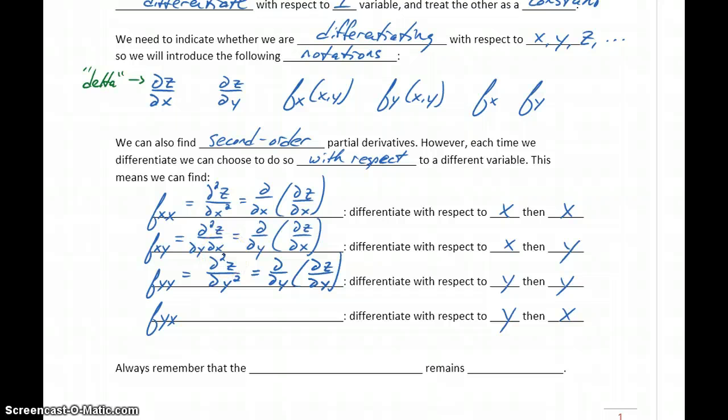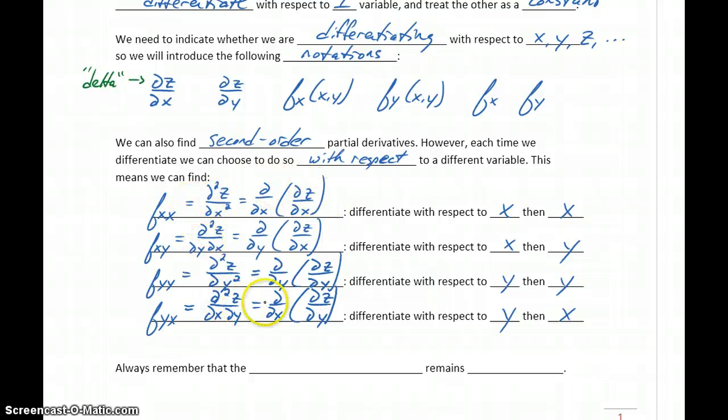So again, it's just kind of a shorthand notation for differentiate. So we would have delta squared z over delta x delta y, which equals delta over delta x of delta z over delta y. So we have a couple of different ways those notations can be represented, but I think it's easiest just to see them represented this way.